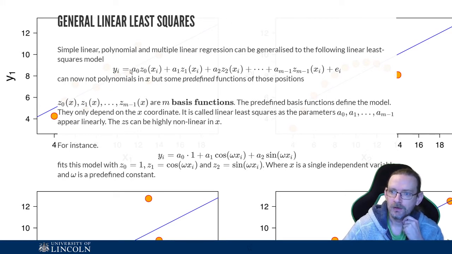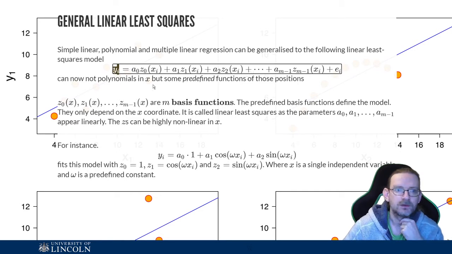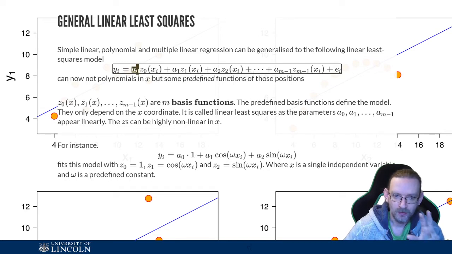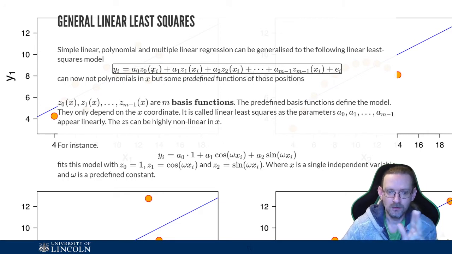So the general way I'm going to write it out is like this, that the ith observed measurement is going to be equal to a first parameter, so this is some number that we're going to determine, times some function that only depends on the position along the independent axis.